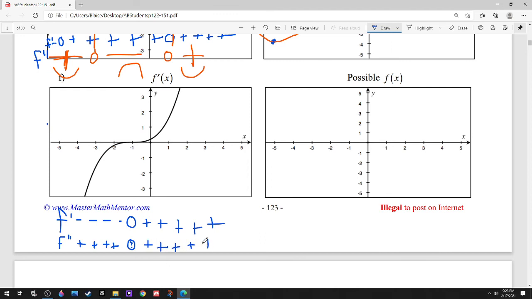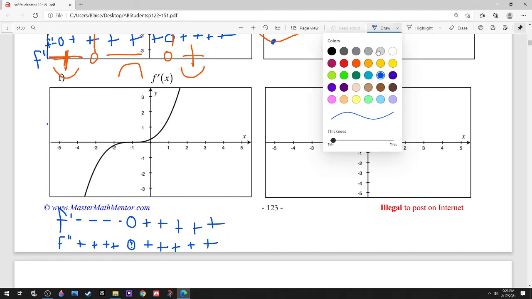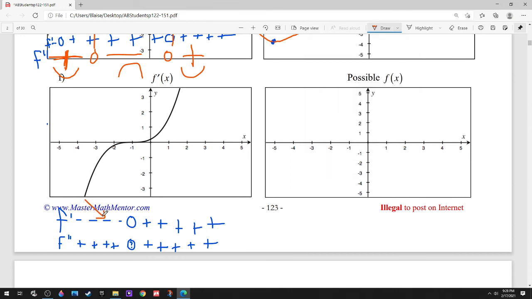So let's analyze our sign charts here and figure out what the heck is going on. So if I'm looking at just plain f, it's going down, it's flat for a second, then it's going up. What about concavity? It's happy, and then it's still happy. So I'll pick a y value. It's going down then up, so this is gonna be a minimum value, right?